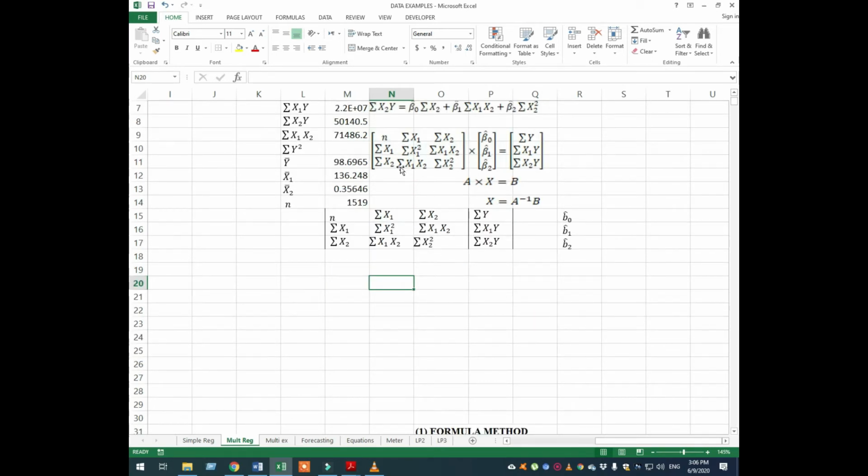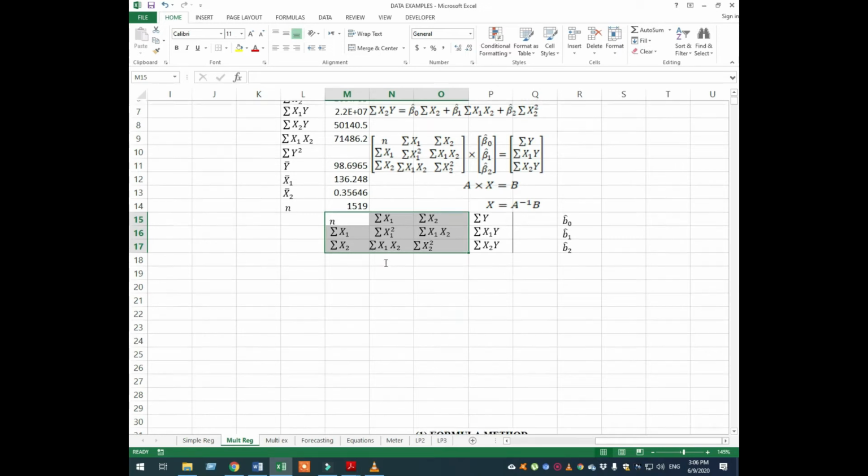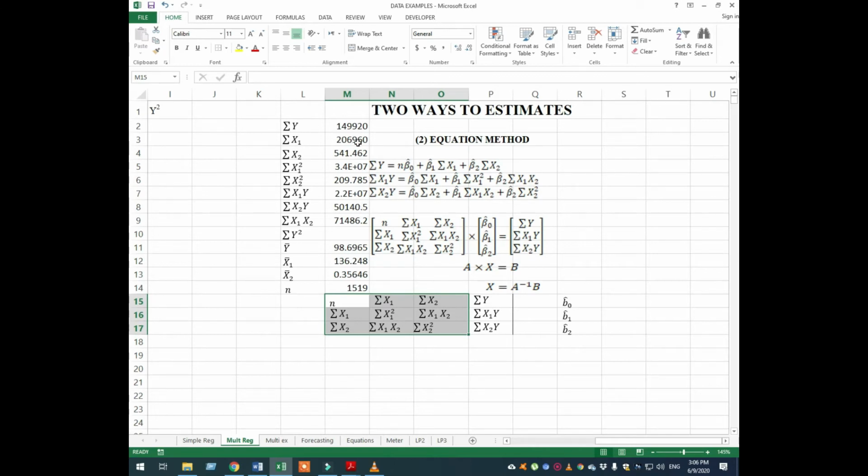So for that I've just taken the values from this matrix into this form, into these 3 by 3 matrix with 3 rows and 3 columns, and all these values can be taken from these sums, as you know that we have taken the calculation required.